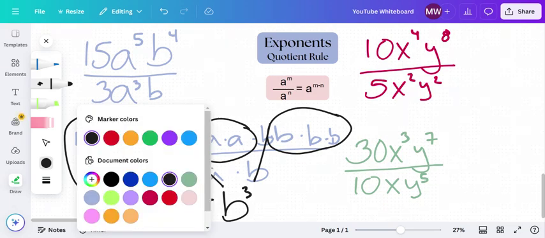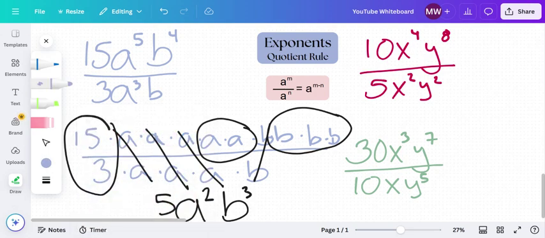Now, if I want to go back to our problem and use our quotient rule, we remember that we'll treat these this time as 3 different problems. We're going to worry about dividing our coefficients, then we'll worry about our a's, then we'll worry about our b's. So coefficients are up first. So just like what we did before, 15 divided by 3 is 5.